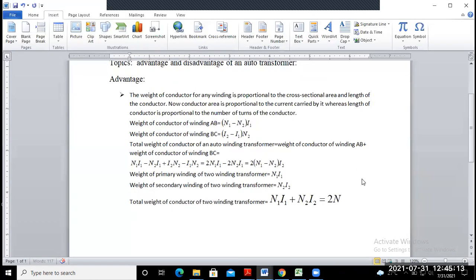So now if you take the ratio of the weight of conductor of an auto transformer to the weight of conductor of a two winding transformer, that means 2 into (N1 minus N2) into I2 divided by 2 times of N1 I1. Is it not?